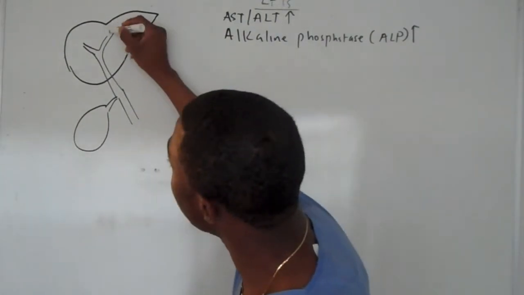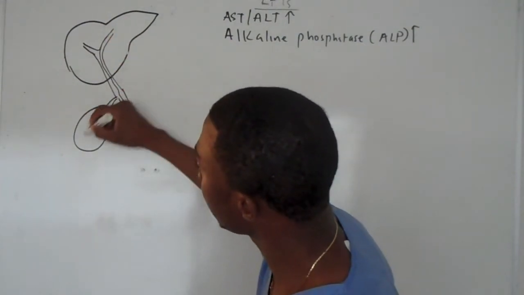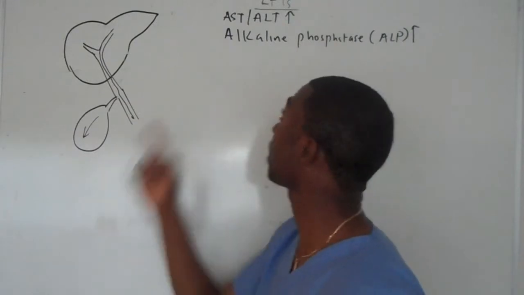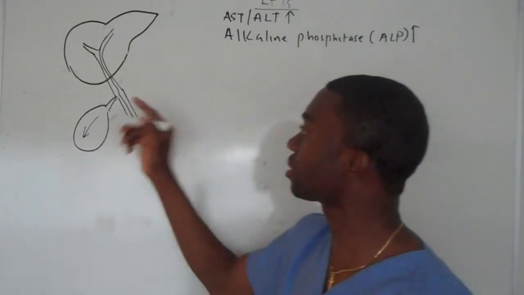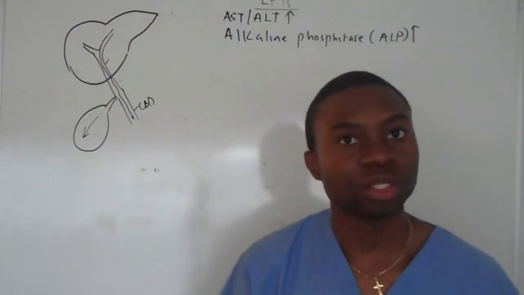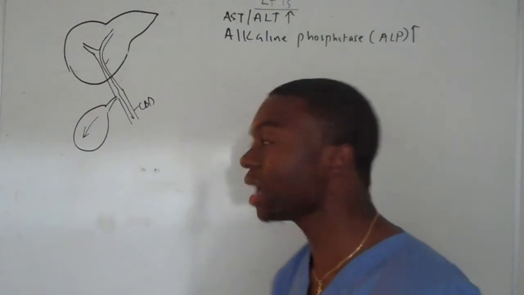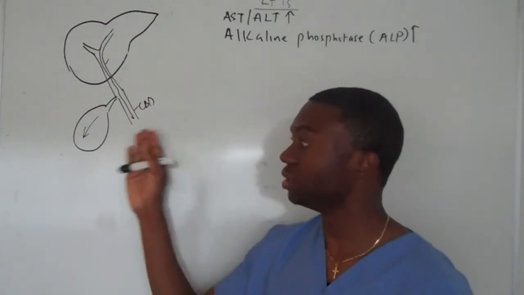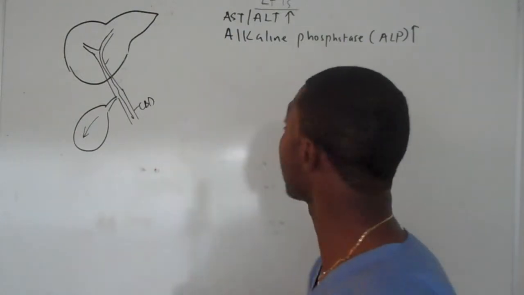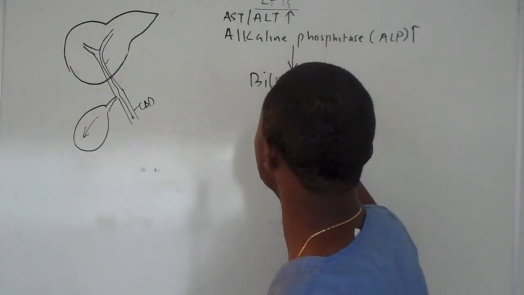So anything within this biliary tree, coming all the way down, even into the gallbladder. If anything happens to the gallbladder, this goes up. Anything happens to the common bile duct, you're in trouble. Intrahepatic duct, you're in trouble. So I want you to get a general idea to realize ALK-Phos does come from the biliary tree. Okay? So when you see that, think biliary.